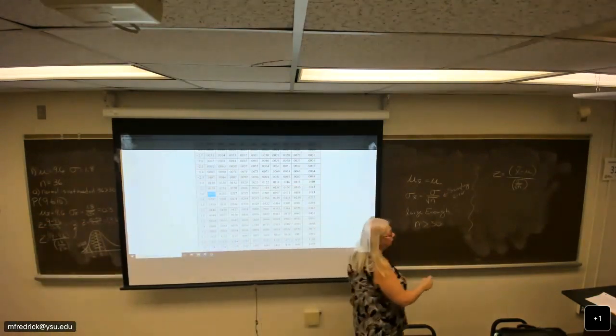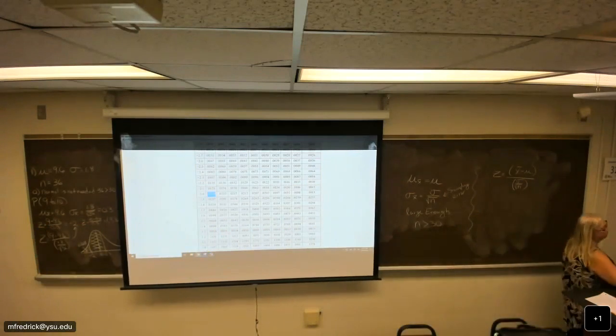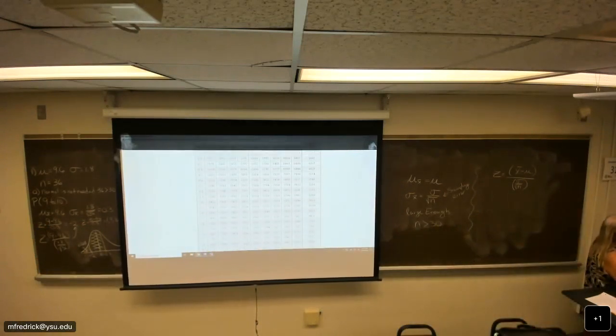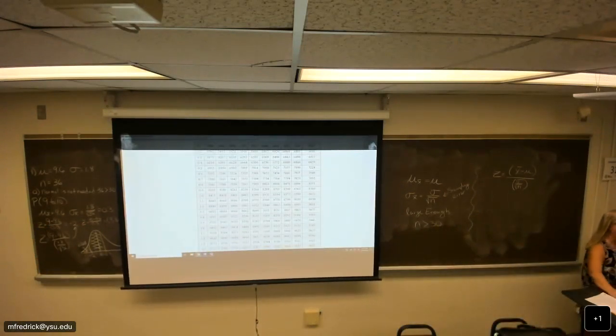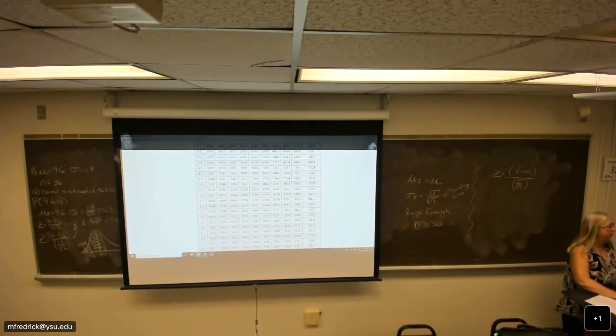1.3. And then this first column is the second decimal place, which would be 0.